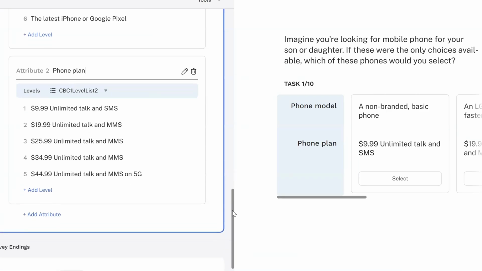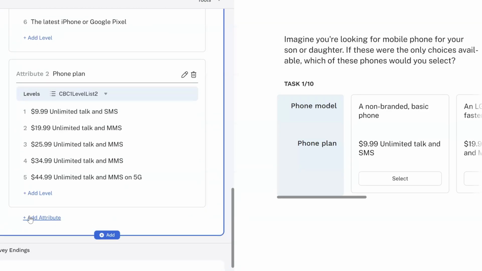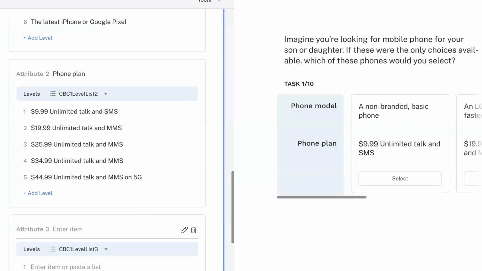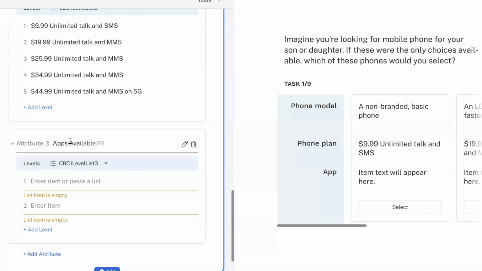Okay, good. Now let's add another attribute, and the last attribute here really is what apps are available. What apps are going to be available? Let's just see.